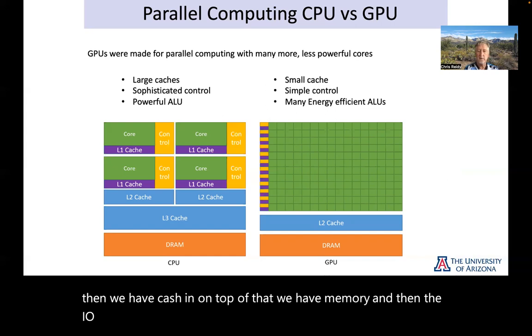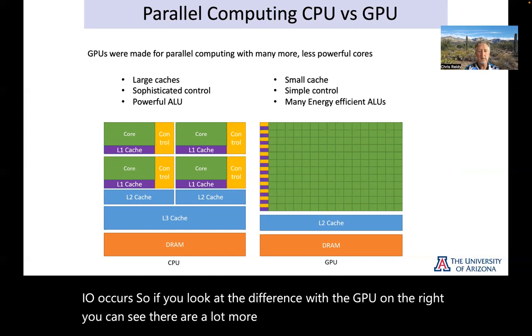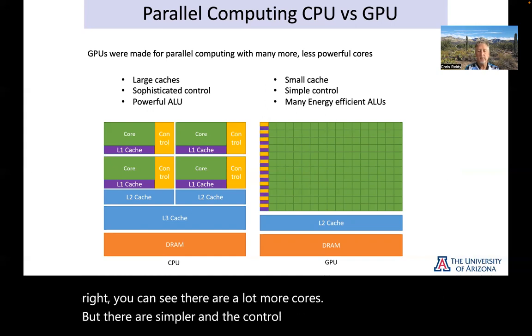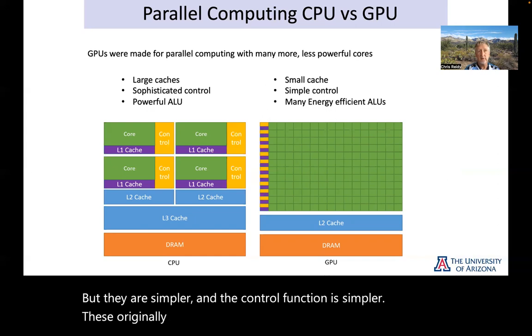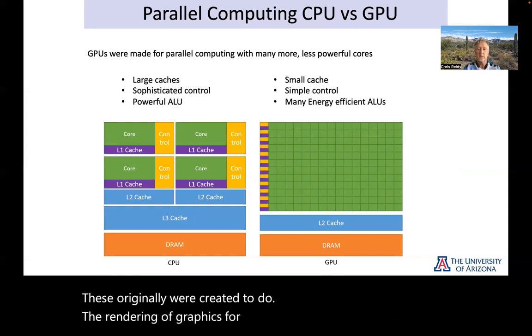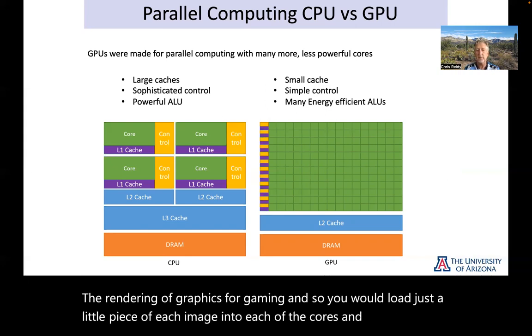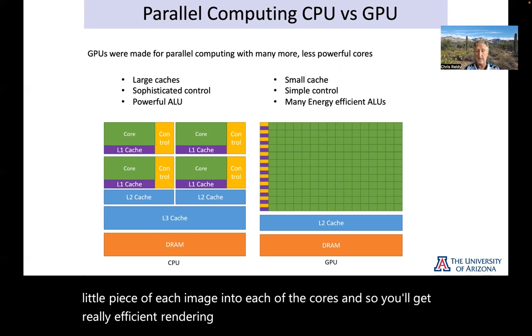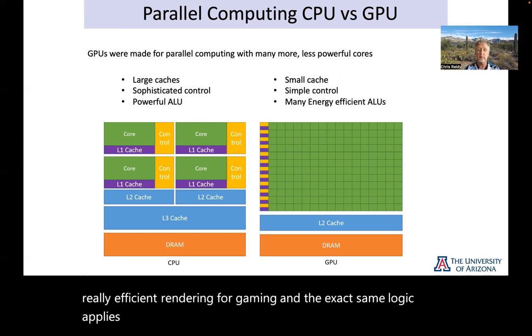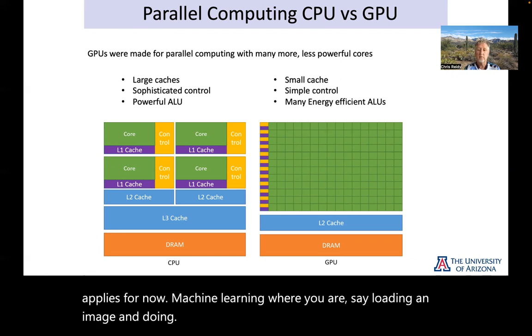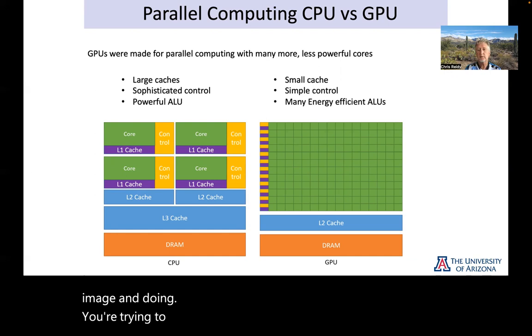So if you look at the difference with the GPU on the right, you can see there are a lot more cores, but they're simpler, and the control function is simpler. And these originally were created to do the rendering of graphics for gaming. And so you would load just a little piece of each image into each of the cores. And so you get really efficient rendering for gaming. And the exact same logic applies now for machine learning, where you are, say, loading an image and you're trying to do recognition of objects within an image.